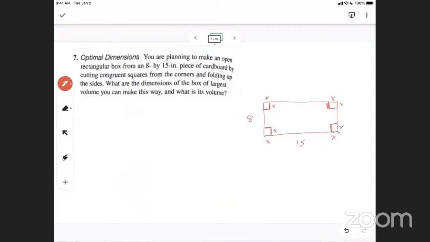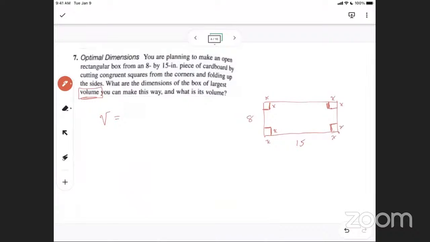And folding up the sides. What are the dimensions of the box of largest volume that you can make in this way, and what is its volume? Volume is what we're trying to maximize. So the volume of a box is going to equal the length times width times height, right? Well, what's the length going to be?